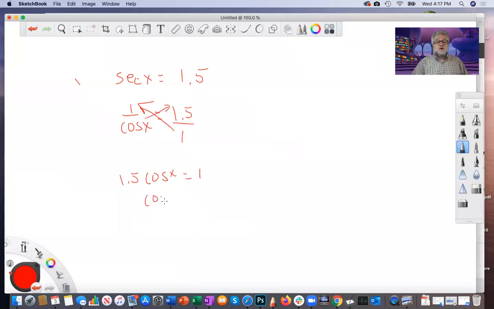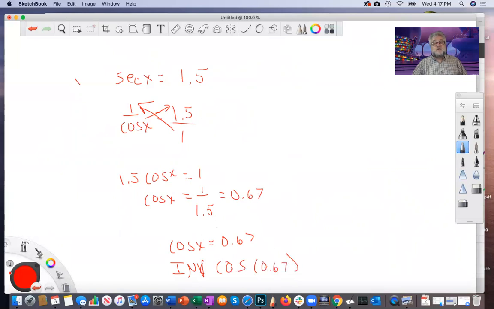Divide by 1.5. 1 over 1.5 is, what is that, 2/3, 0.67. So now I can do cosine x equals 0.67. So I can do inverse cosine of 0.67, and I'll get the angle. And that's the solution to this.